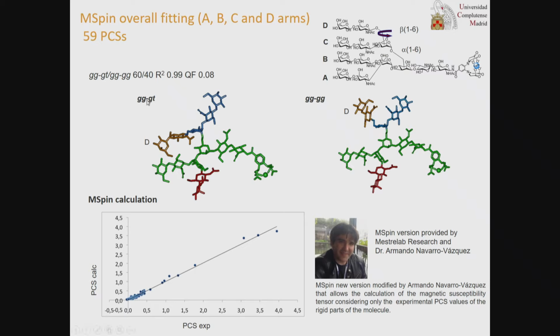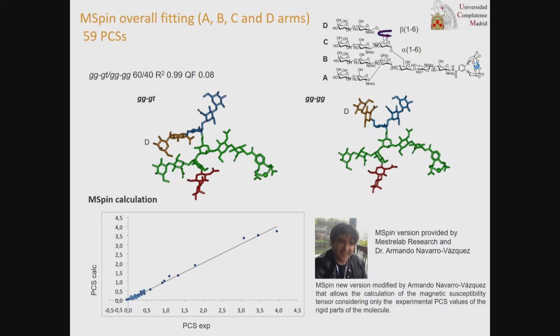What is important here is that somehow the presence of the additional arms restricts the flexibility of the molecule, because now not every conformer is possible, since they collide with other parts of the molecule. So in principle, it's not that flexible. At least the core of the N-glycan with all the arms is more rigid than the biantennary structure.